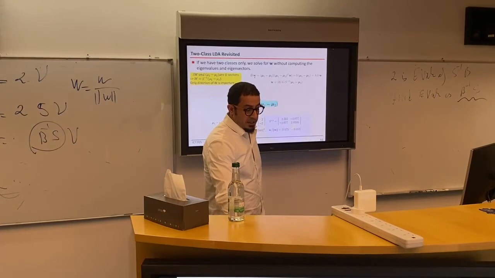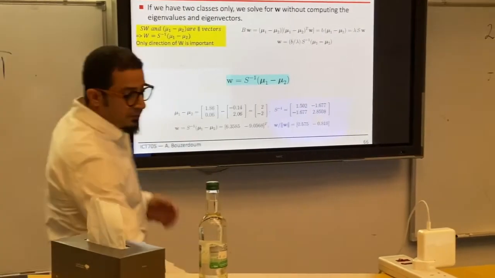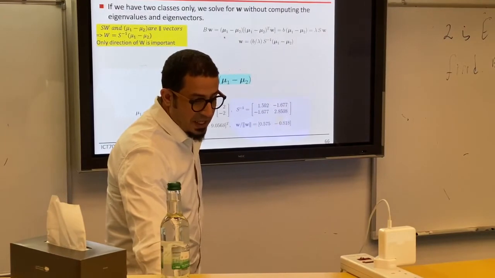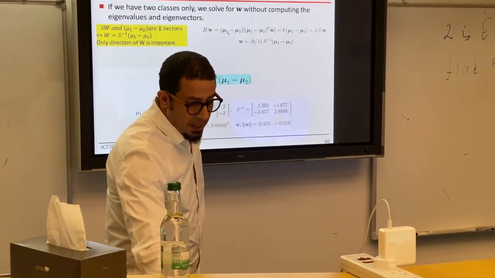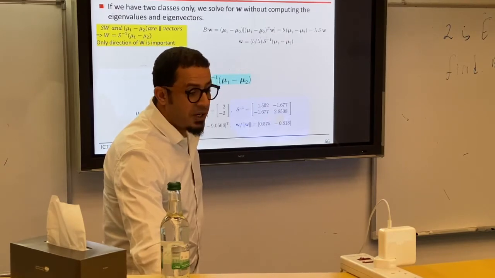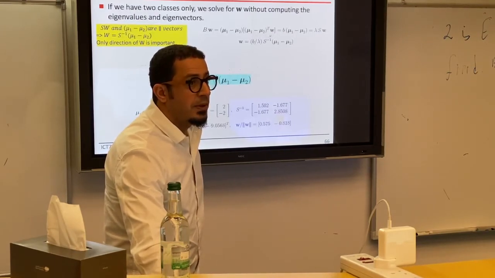The proof is here. This is what you want. B is this one, and BW should be equal to lambda SW, as we did before. So look here, from here to here, this should be equal to this. I just take the definition of B. By definition, B is this. This times this, what is it? Value or vector here, please? Vector. Are you sure?